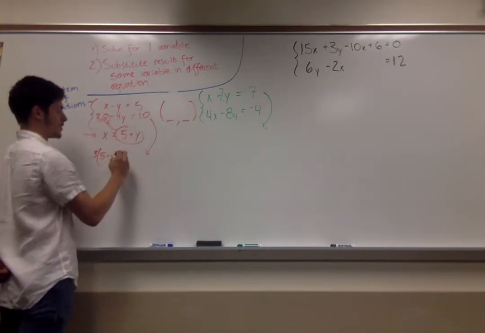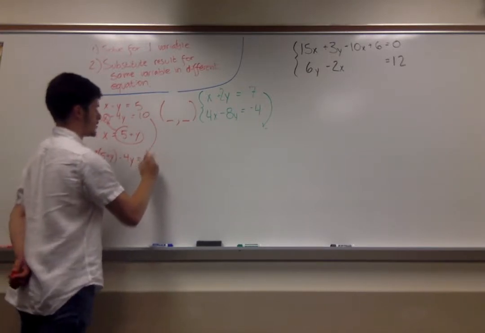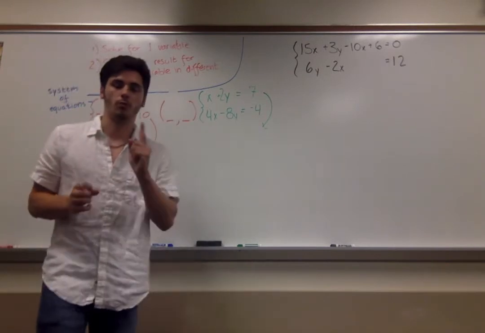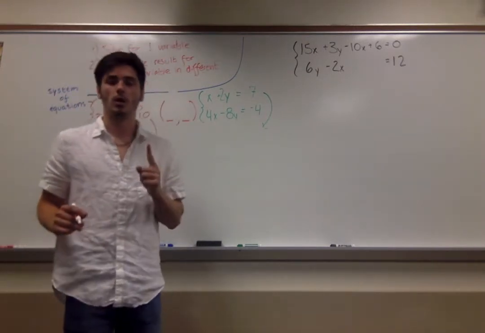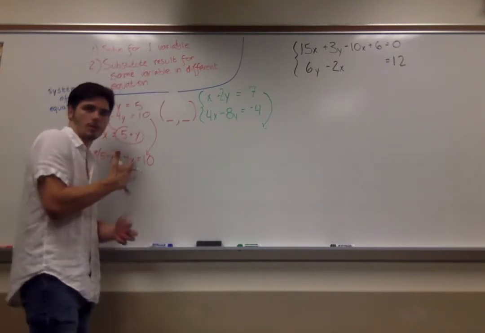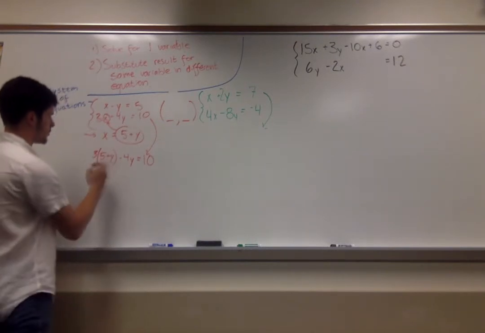And then we can't forget the rest of the equation, so we're going to subtract 4y and set that equal to 10. And this helps us because now we only have one variable. Yes, it's in two different spots, but since it's just one variable, we can solve for that one variable and then backtrack and solve for that other variable. So we'll go ahead and do this. First of all, I'm going to distribute.